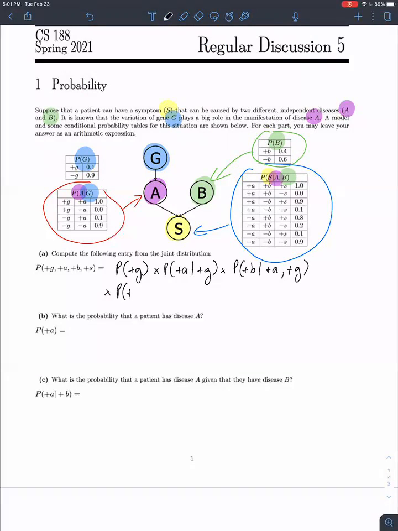Sorry, I'm used to S being state, but here it's symptom. So the probability that you have the symptom, given that you do have the gene and that you do have A and that you do have B.